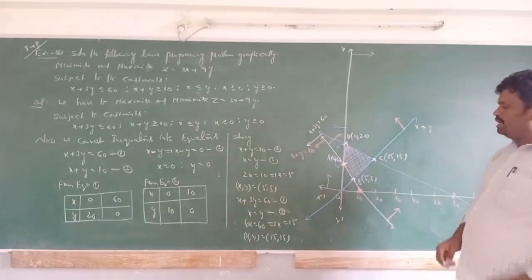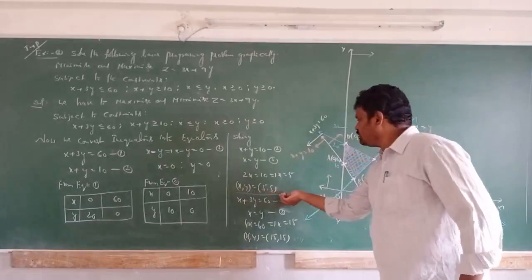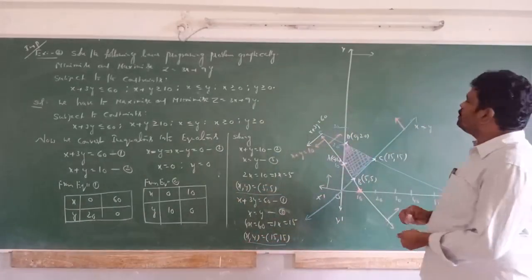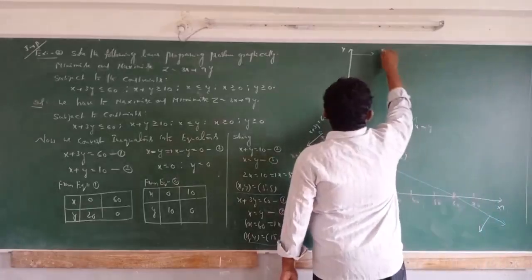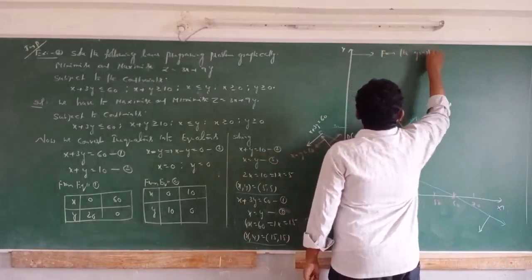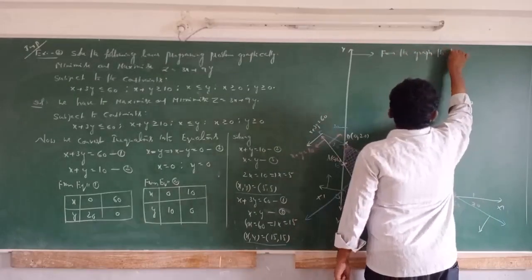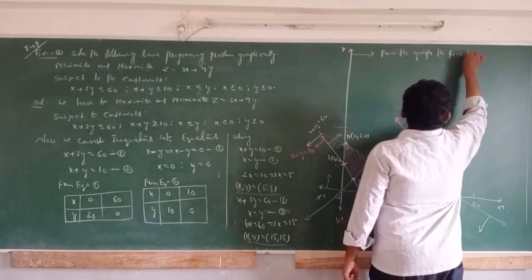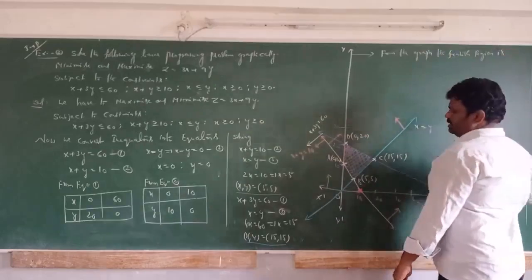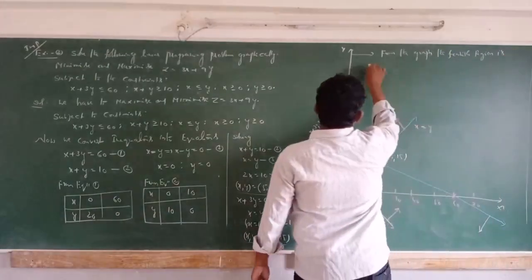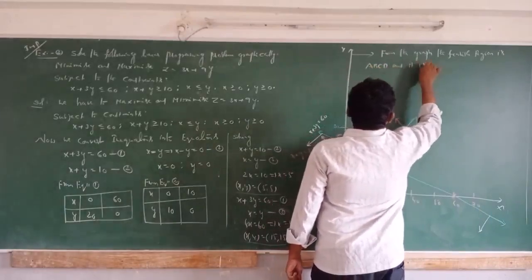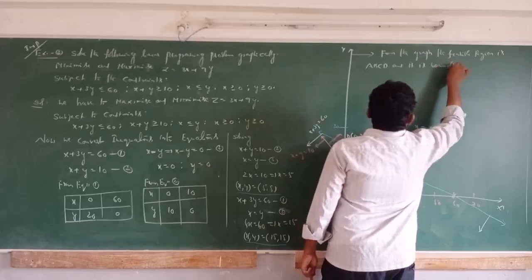So here one corner point, here one corner point. This is the corner point, and this is also a corner point. We solve the equations. From the graph, the feasible region is ABCD, and it is bounded.